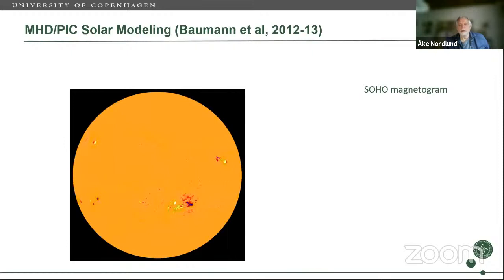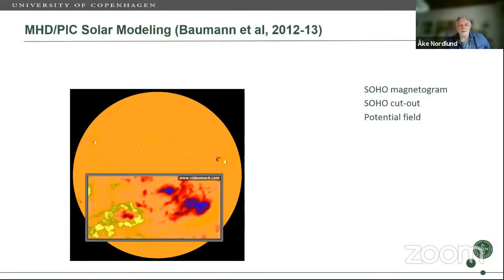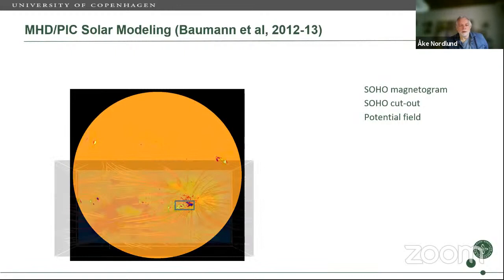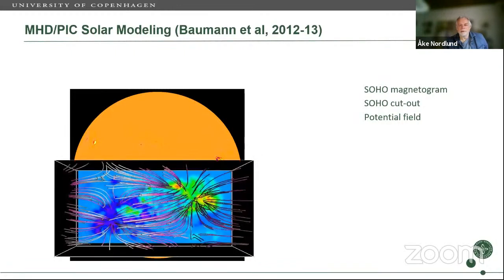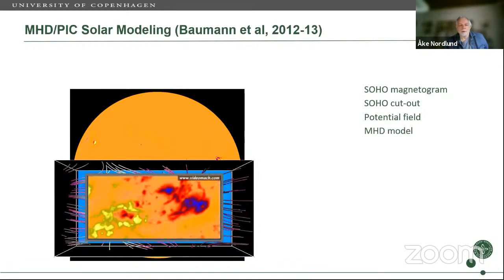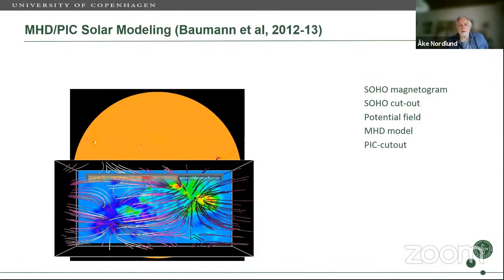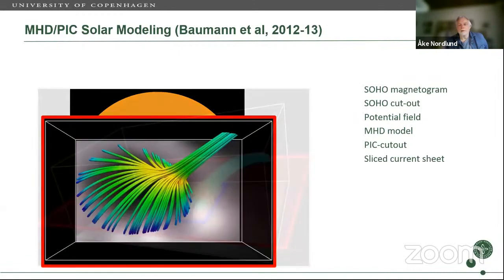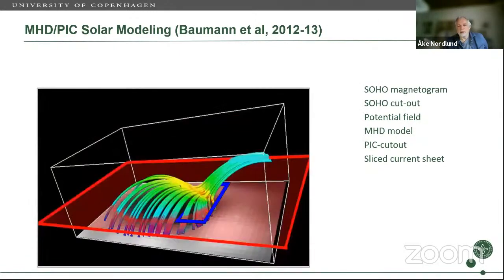We started out from a SOHO magnetogram and used a cutout like that, which had a parasitic polarity, and moved the field lines around with an MHD model. And then we take a cutout and treat that with particle-in-cell methods. So you connect the two with boundary conditions and you have context again.